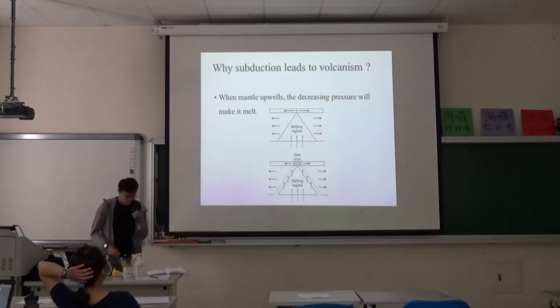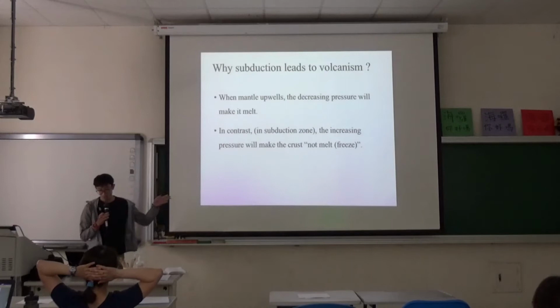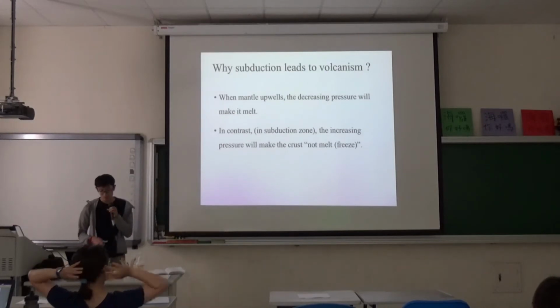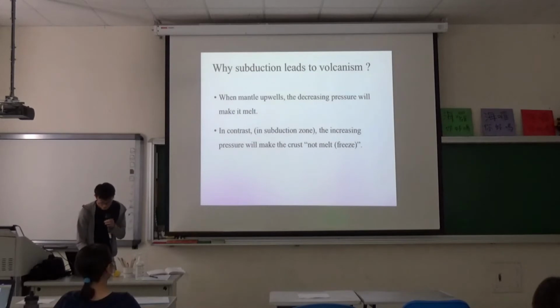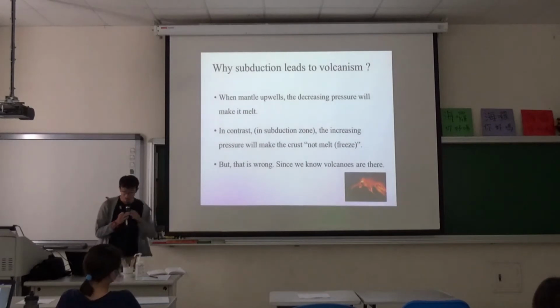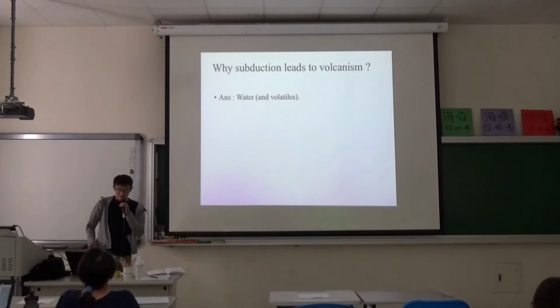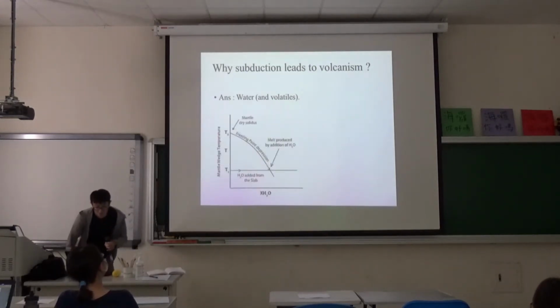In contrast, in a subduction zone, the increasing pressure will make the crust not melt, or we can say freeze. But that's not true, since we know the volcanoes are there. So why? The answer is water and the volatiles.